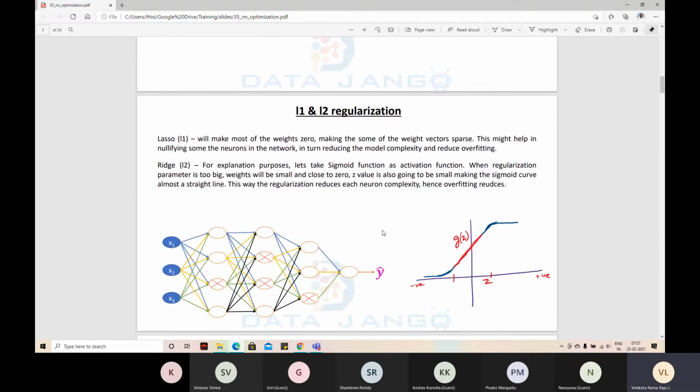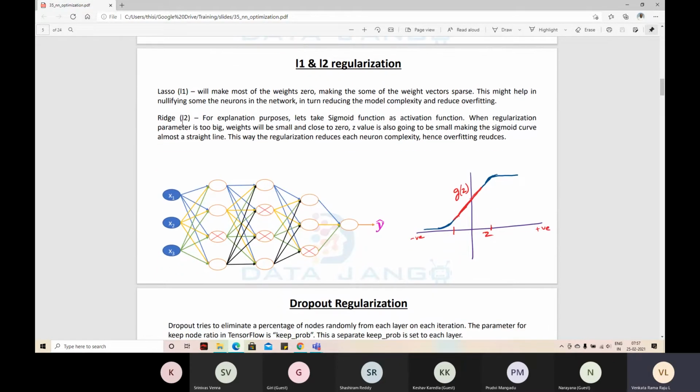So that's a good question, and I think you got clarity on that. So now we'll see L1, L2 regularization. L1 regularization is lasso and L2 is ridge regularization. When you apply ridge regularization, it will not make all the coefficients 0. It will actually keep some coefficients even when they are not that important.